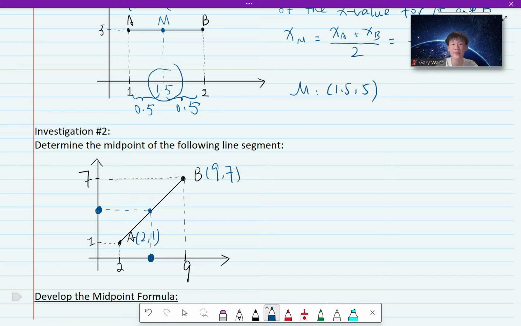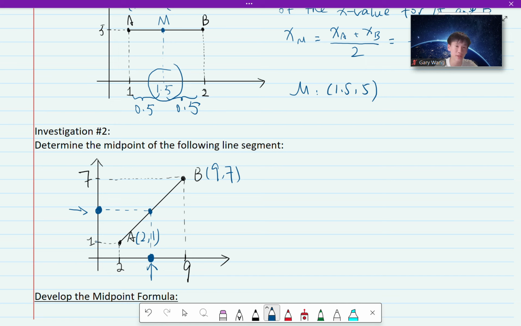We want to recognize that this time, both the x value and the y value of this midpoint are the average of the x values of A and B and the y values of A and B, respectively.